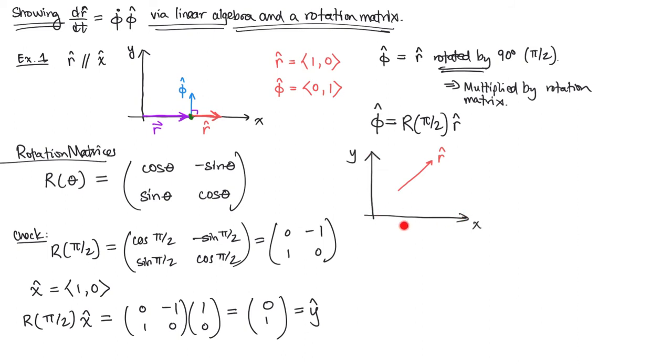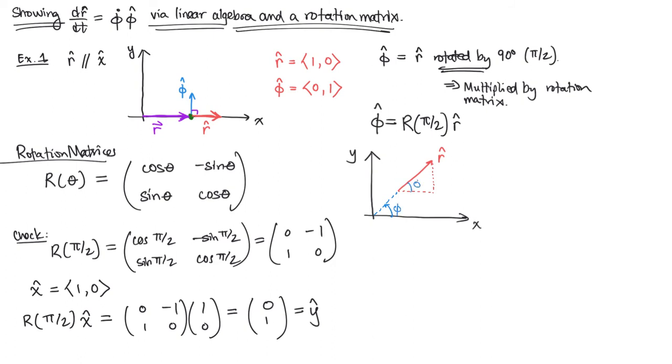Okay, so I've drawn a set of axes and I've drawn my r hat vector pointing in some arbitrary direction, not necessarily aligned in the x hat direction. And I'm going to try to break this into components in the x and y directions. And what do I know? I know that in polar coordinates, I also have this angle phi.